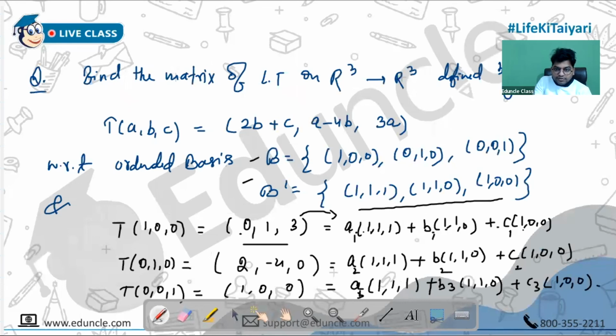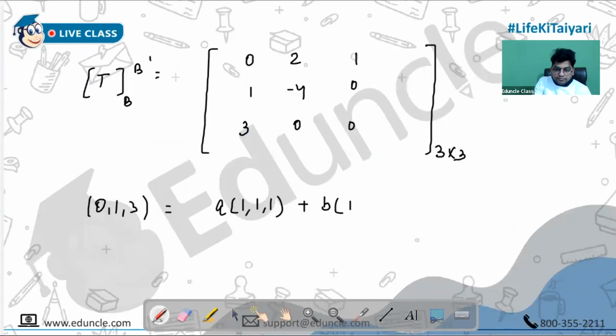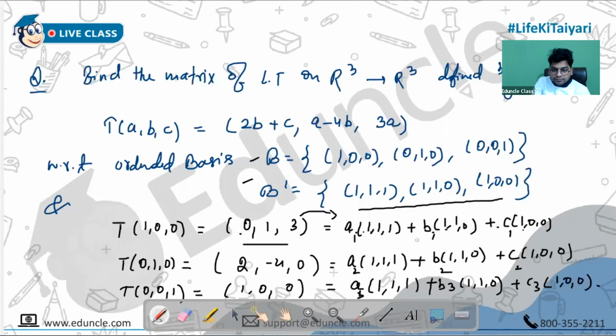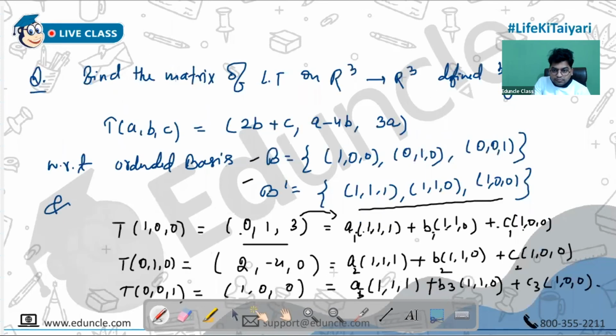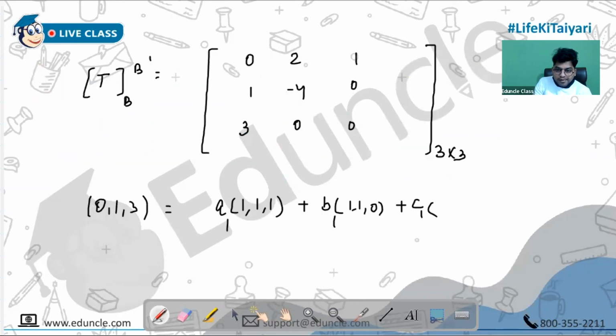B1 ये क्या है, 1 1 0. वन जीरो जीरो. ठीक ना.